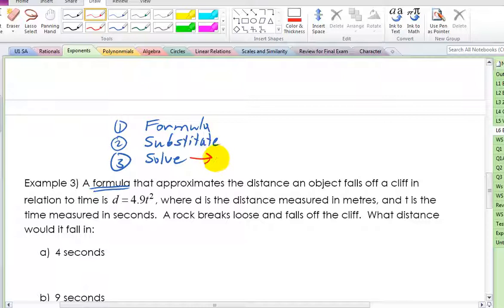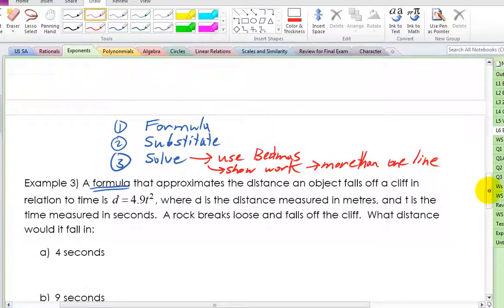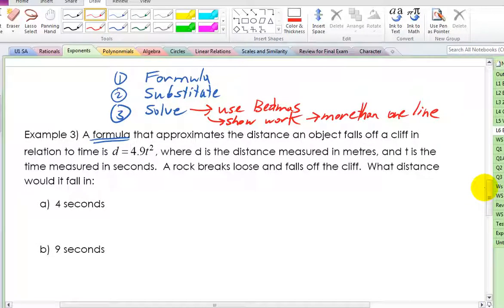It's simple. You want to use BEDMAS. You want to show some work. It could be more than one line. Okay? So, chill out.